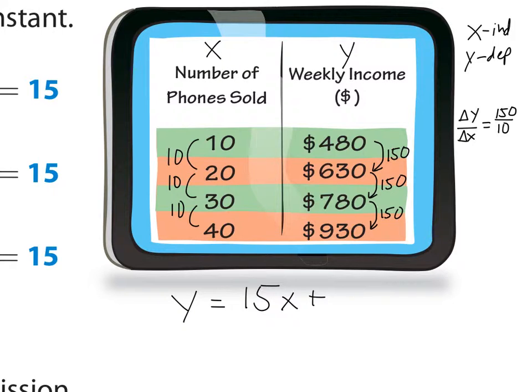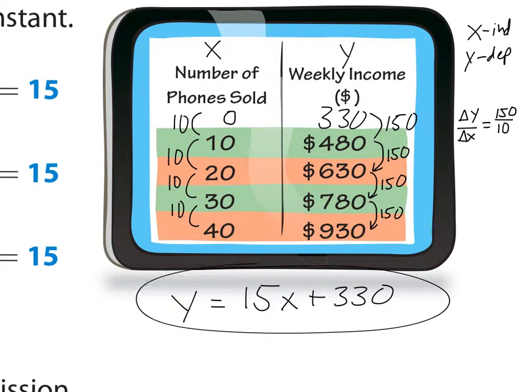What is the value of x at the y-intercept? 0. Good. So, in order to go to 0, I had to go back how many times? 10. So, how many times am I going to go back on my y? 150. So, what's 480 going back 150? 330. Good. So, that would be my y-intercept.